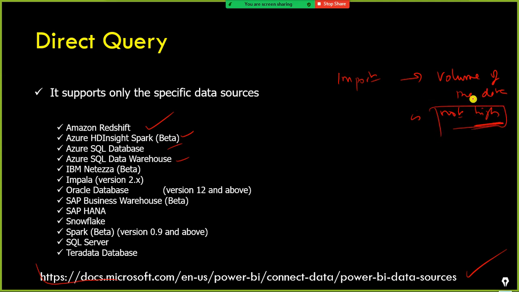If the volume of data is not too high, then you can import it locally. If the volume of data is very high, then you can go for direct query mode.